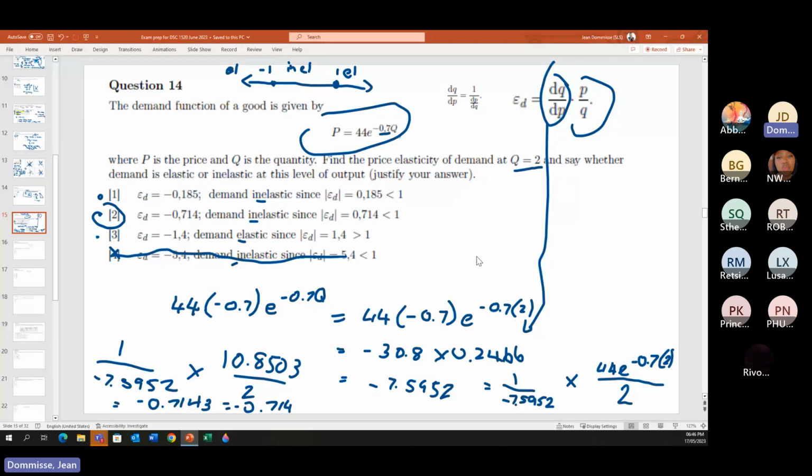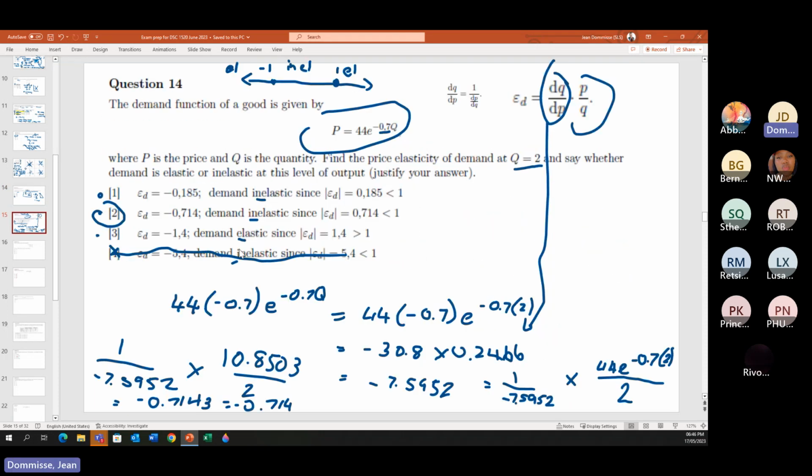I don't know if some of your calculators will even be able to do a shortcut on this. This is really a long question, and it counts exactly the same. I would have kept this one till last in the exam if I were you, because it is quite a lot.